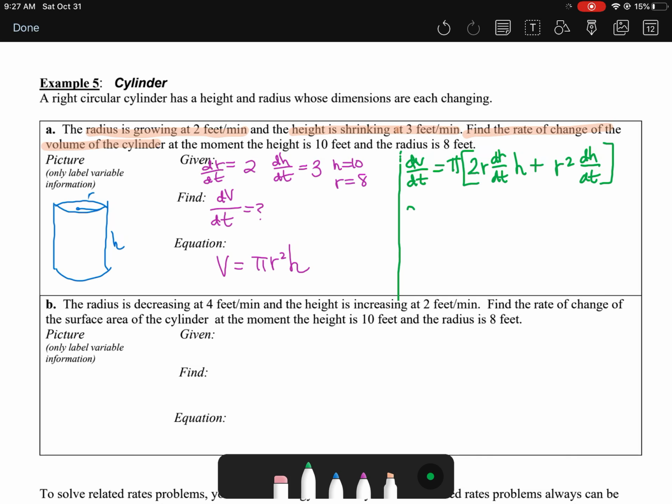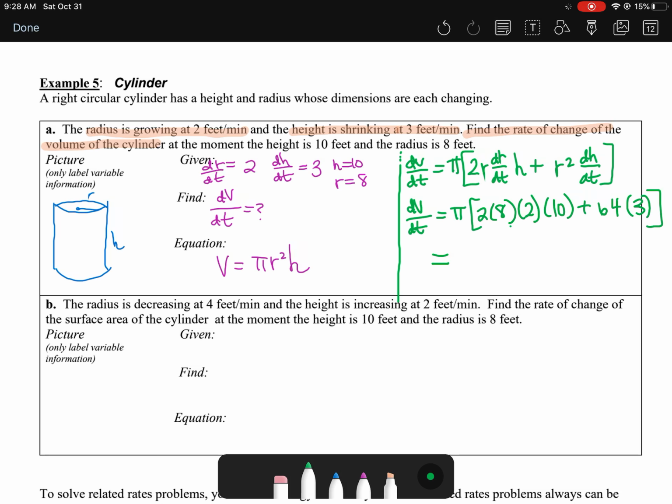Okay, so now I am going to plug stuff in. So I have pi times 2 times r times dr/dt, times h plus r squared, okay, so that's 64, times dh/dt, which is 3.